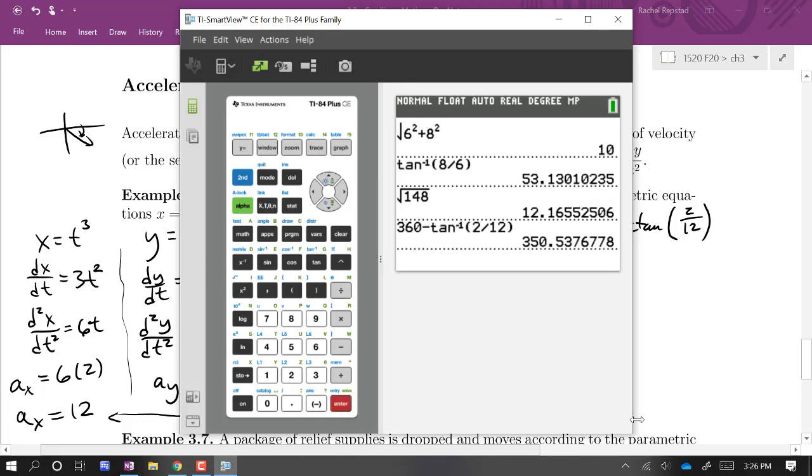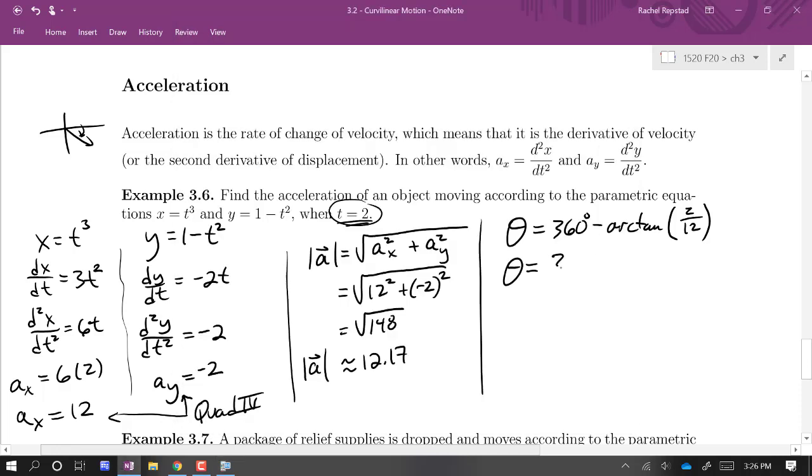And I get 350.54. Alright, so putting this together, our acceleration vector is 12.17 magnitude at an angle of 350.54 degrees.